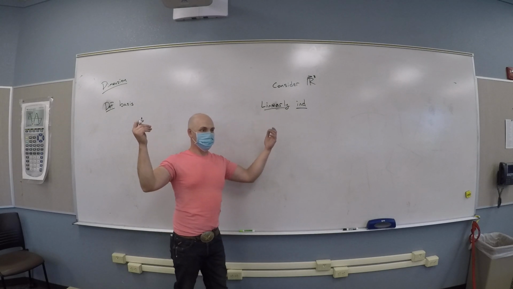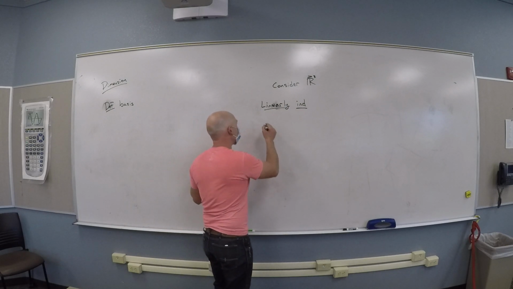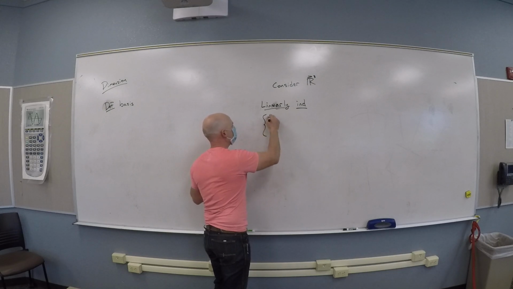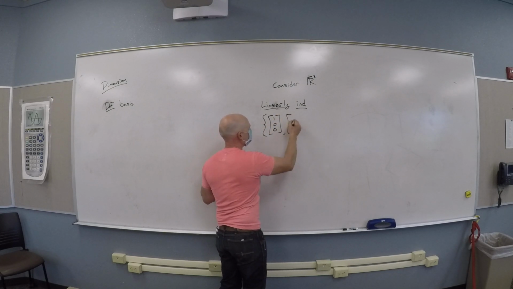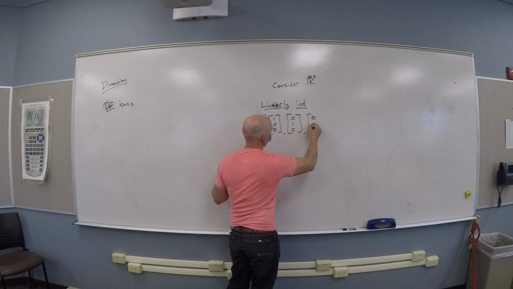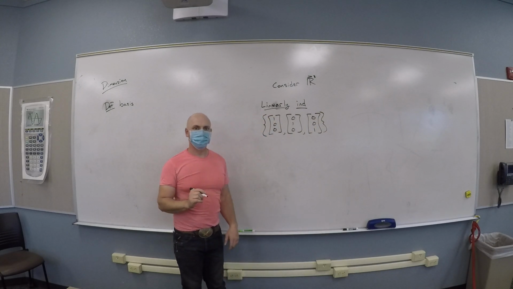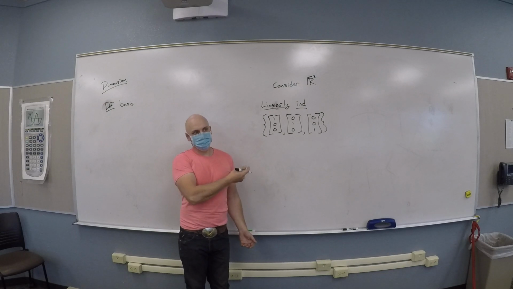What do you mean, the identity matrix? Okay, so the columns of the identity matrix. Okay, cool. Right, that's a linearly independent set.